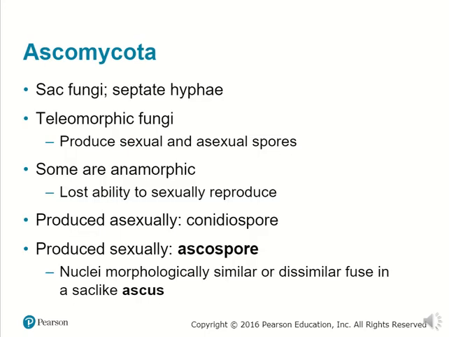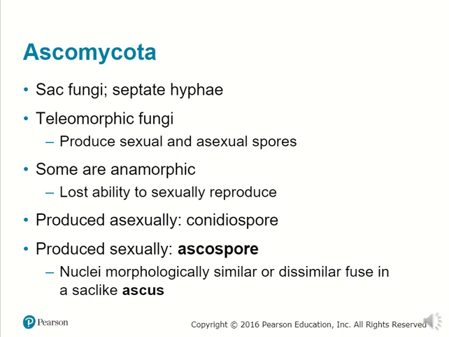For Ascomycota, these are sac fungi that have septate hyphae. They're teleomorphic fungi, which means that they can reproduce sexually and also produce asexual spores. Some are anamorphic, which means that they have lost the ability to reproduce sexually.